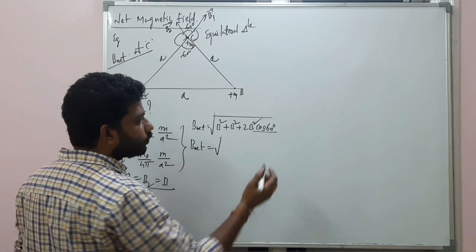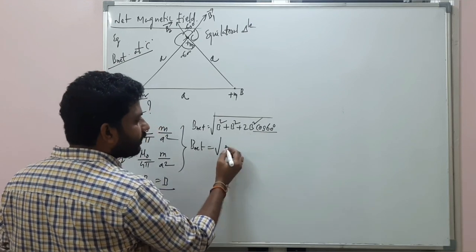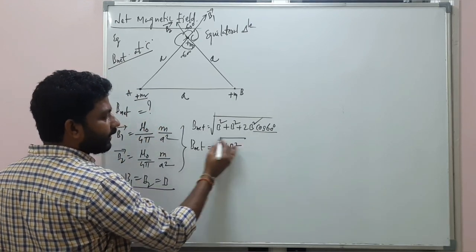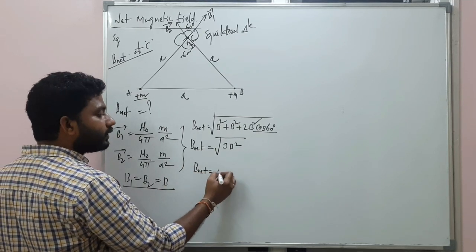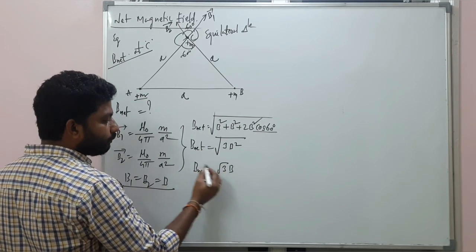Cos 60 is 1 by 2, and this 1 by 2 and 2 cancel. It will be root 3 b square.